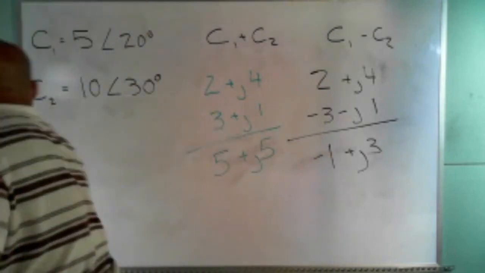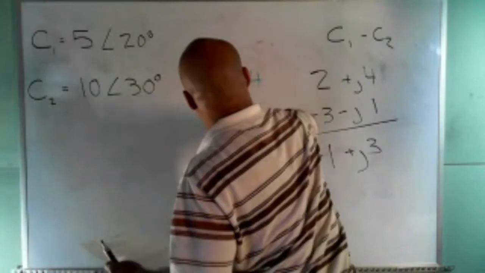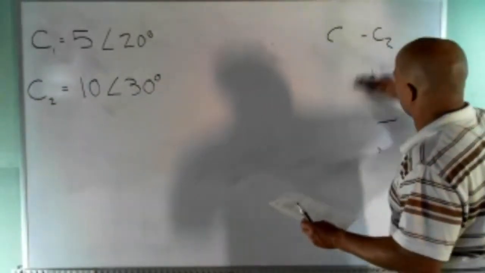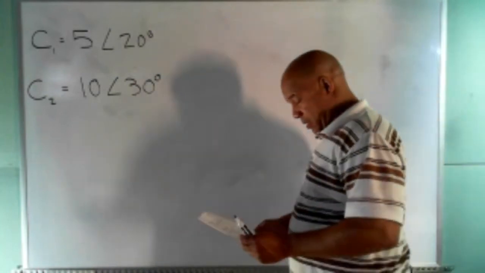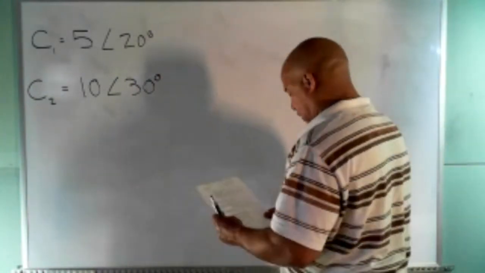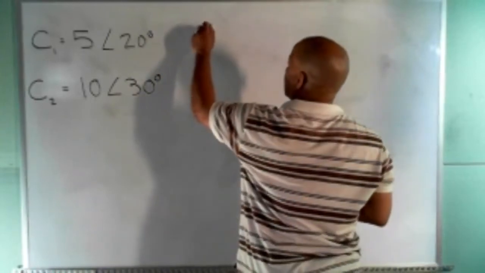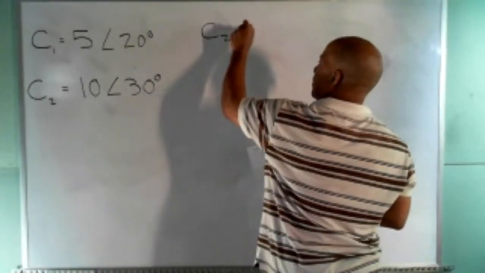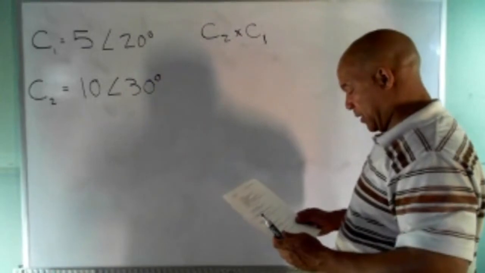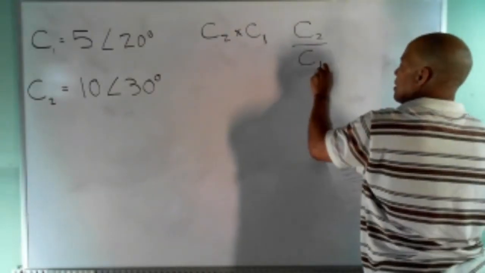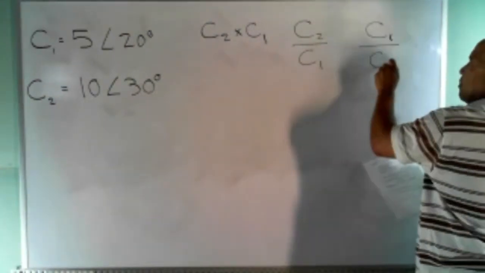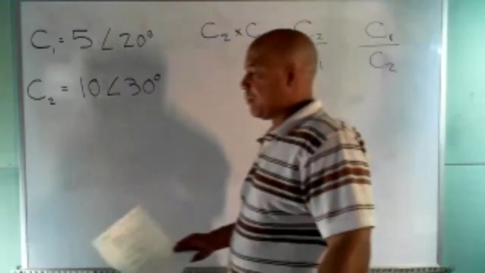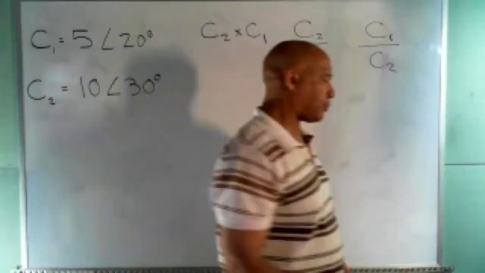And they want you to find C2 times C1. They want you to find C2 over C1. And they want you to find C1 over C2. So they want you to multiply and they want you to divide.